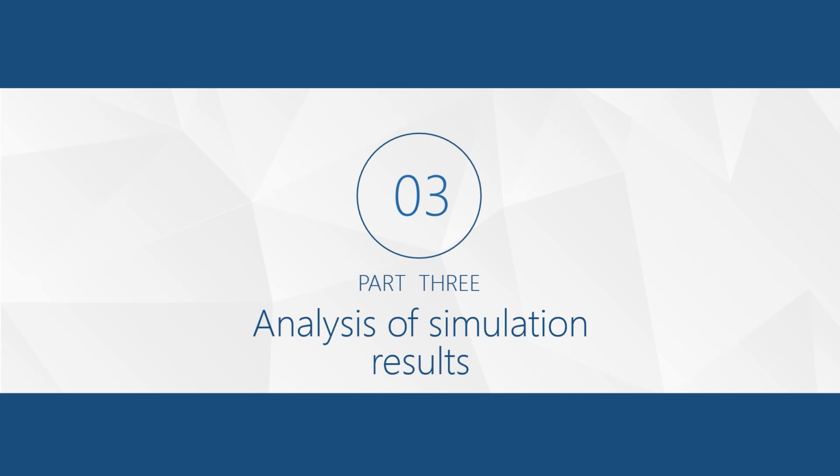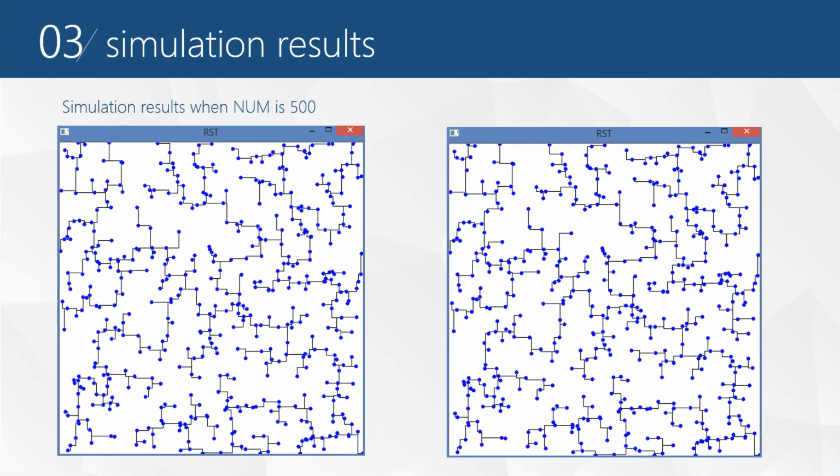In the third section, I will talk about the analysis of simulation results. The following two figures show the results of the LMRST and ZMRST algorithms for a number of 500.